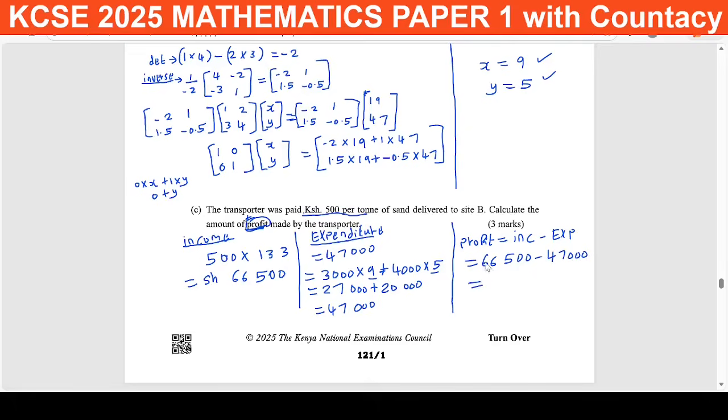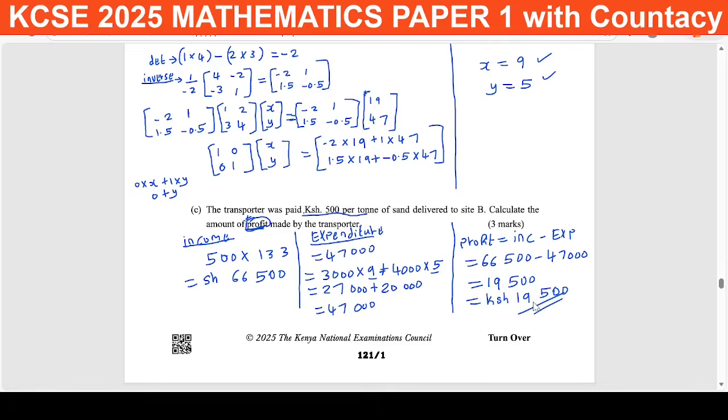What do we get with this? This is like 66 minus 47, that's 19. And this is 500 minus 000, that's 500. And this is in Kenya shillings, 19,500.